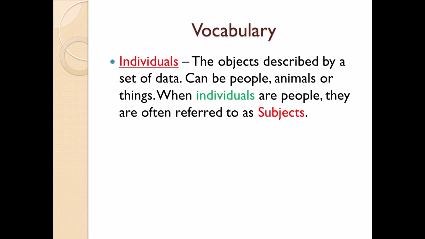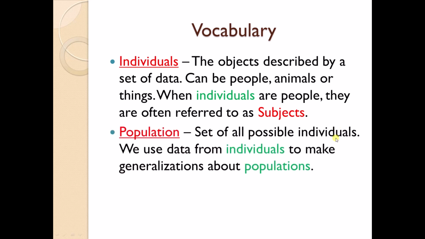So some vocabulary. Individuals will be objects described by a set of data. They can be people, animals, bricks, cars. Anything that we need a measurement from, we're going to have to get individuals from within whatever group we're interested in. When individuals are people, we will refer to them as subjects. Population will be the set of all possible individuals.